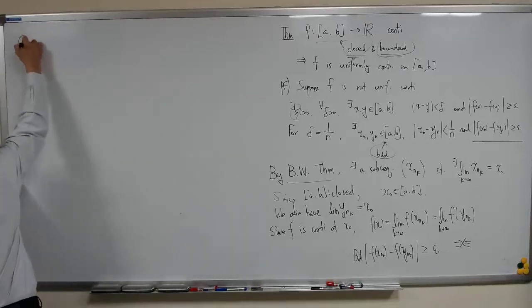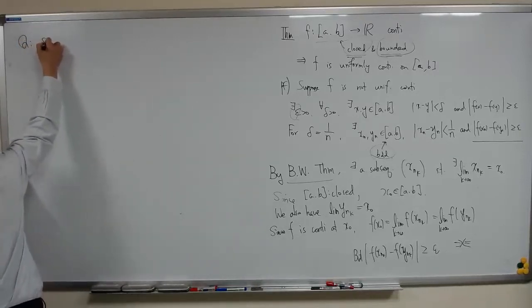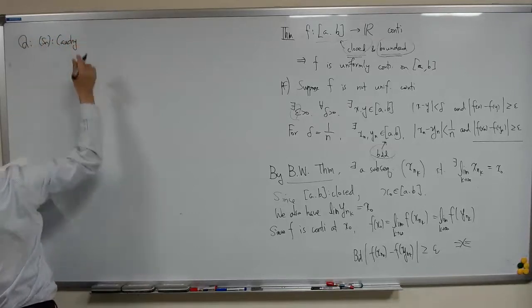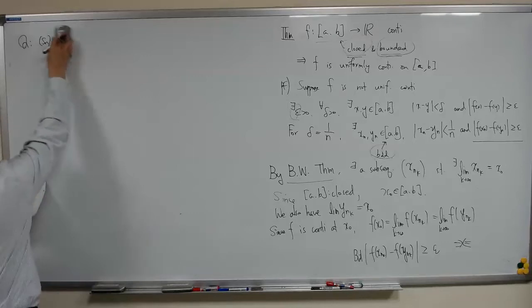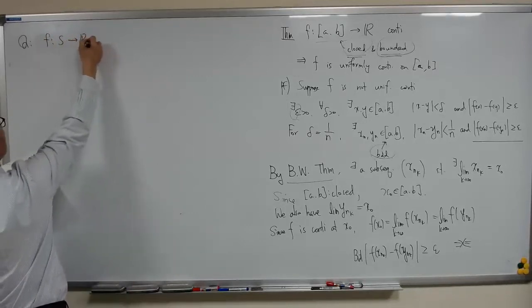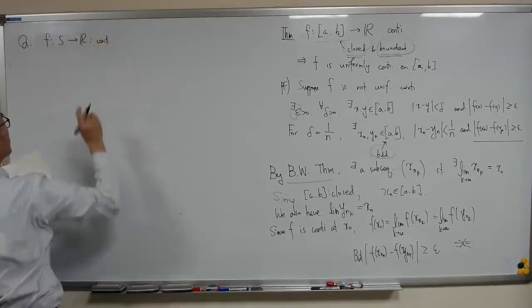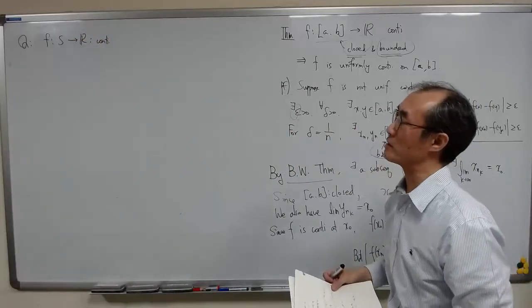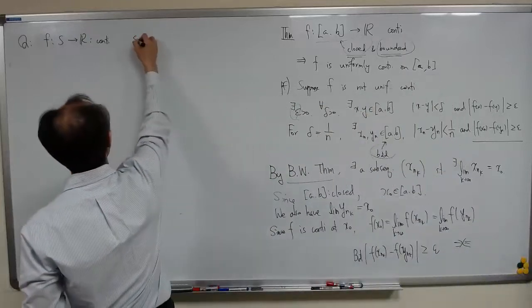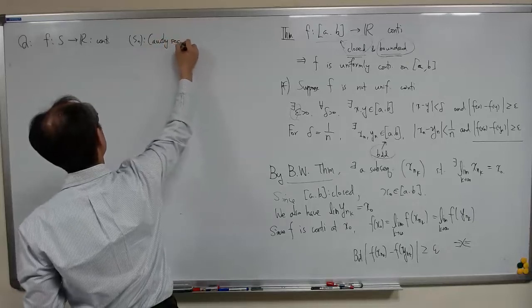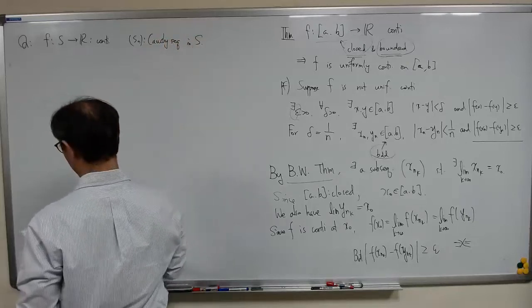Now let's ask this kind of question. Suppose Sn is a Cauchy sequence. Let me first start with a continuous function. Suppose f is a continuous function whose domain of definition is denoted by capital S. And we're going to consider Sn is a Cauchy sequence in the domain of definition.